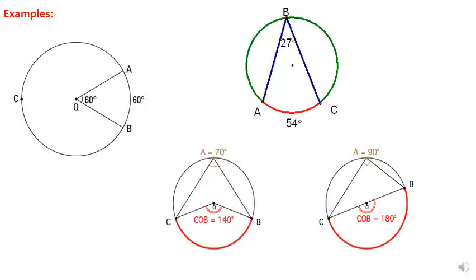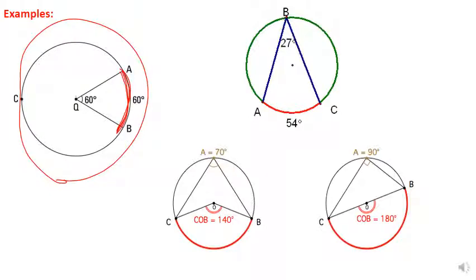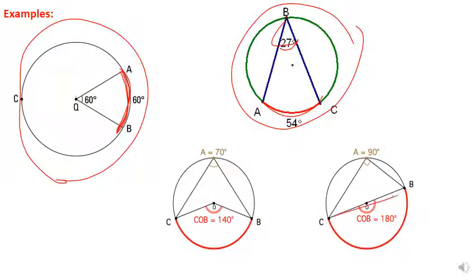Those are some examples. As you can see in the first example, this is a central angle. Why? Because the vertex is on the center, so it's equal directly to the facing arc. This is an inscribed angle because the vertex is on the circle, so 27 here because it's half the arc, which is 54. Any angle facing a diameter is 90 degrees.